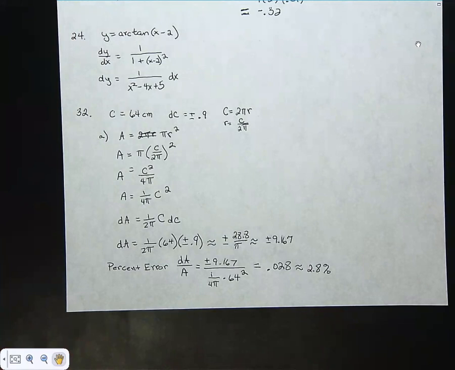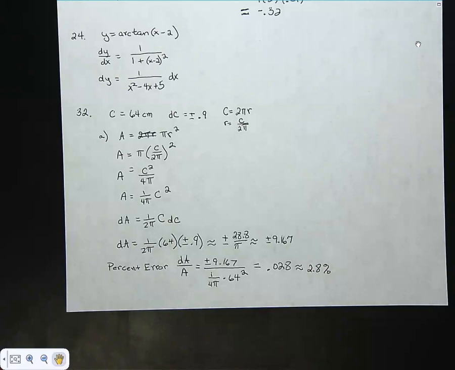If the circumference of the circle was measured to be 64 centimeters, but we acknowledge that we may be off by as much as 0.9 centimeters, then this differential gives us the amount our area could be off. And to know whether or not that's a big deal, is it a big deal that our area is off by 9 centimeters?